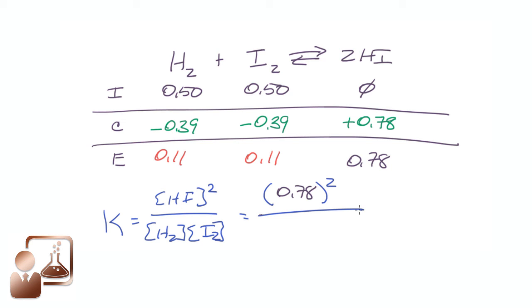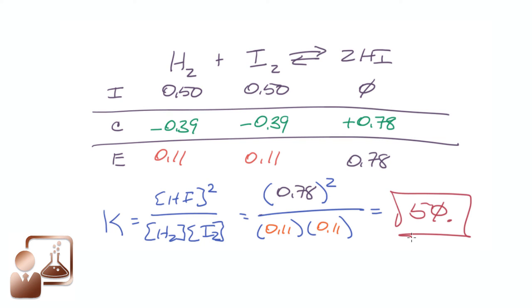It also means I have 0.11 moles of hydrogen, 0.11 moles of iodine. And if I crunch those numbers, I find that K is equal to 50.